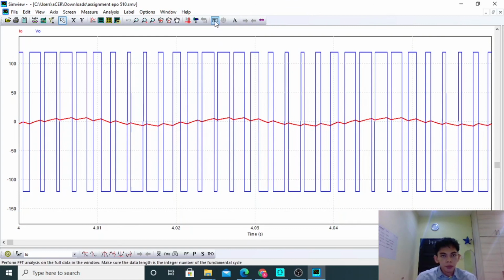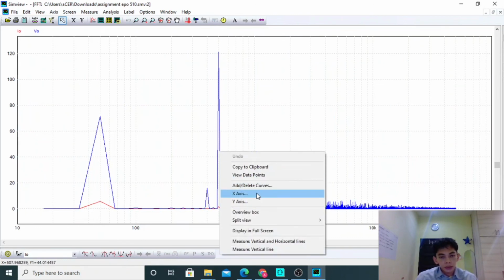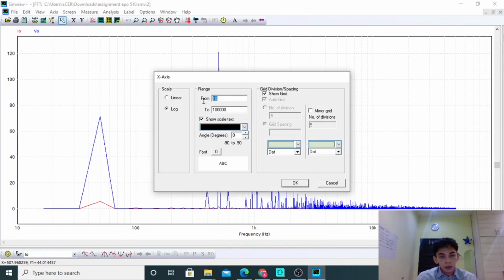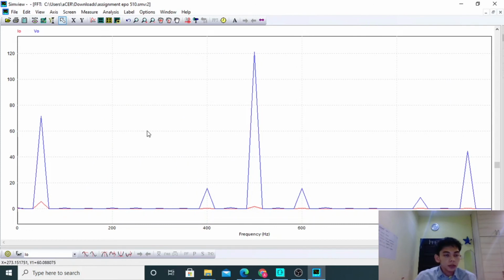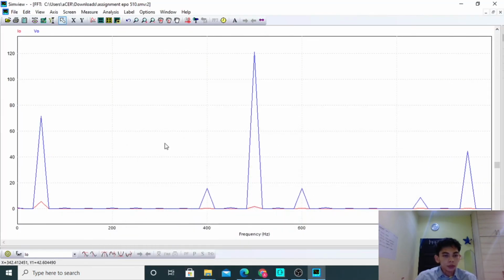So we will perform the FFT, fast Fourier transform. We will change the x-axis as required by the question, which is 0 to 1000, and the scale is linear. So here is the result of question F, which is the harmonic spectrum.